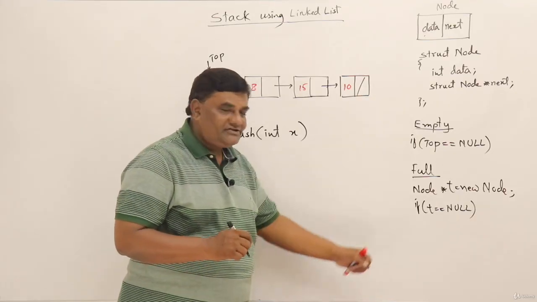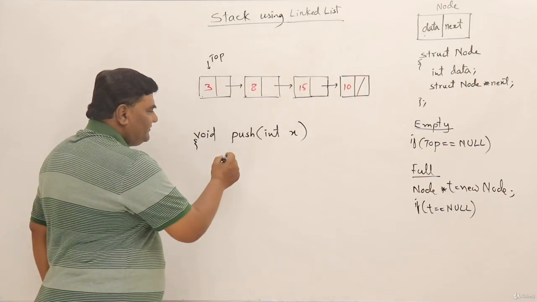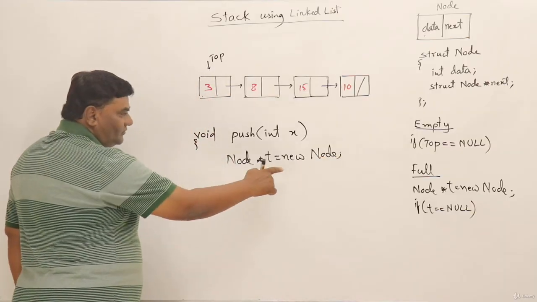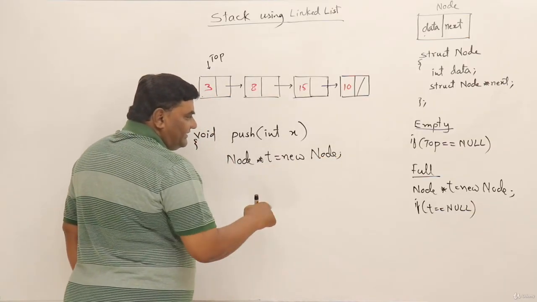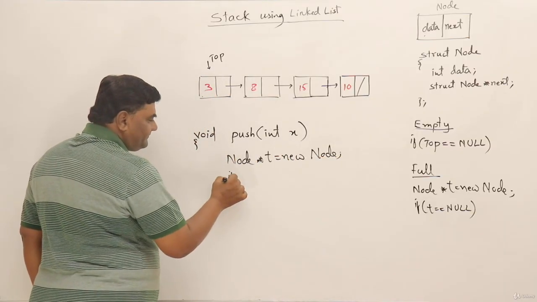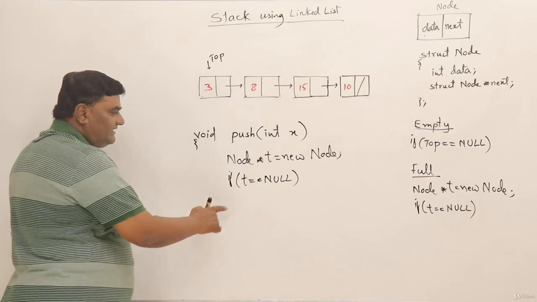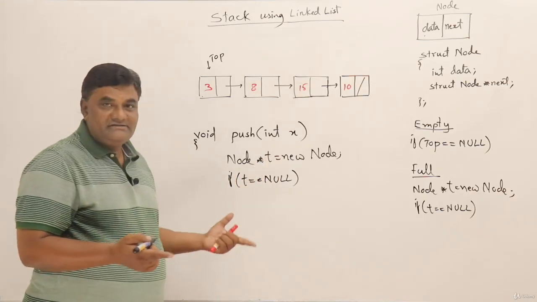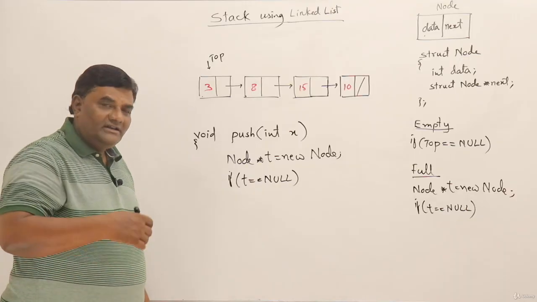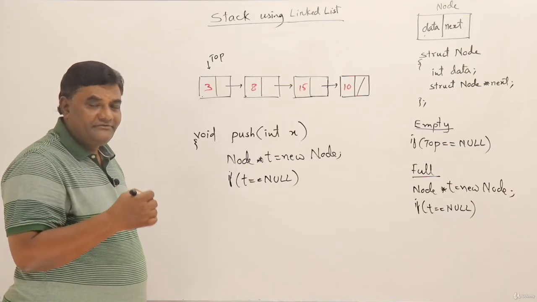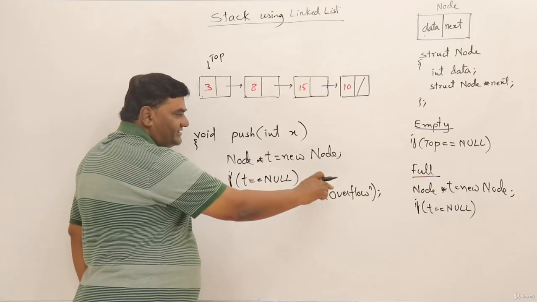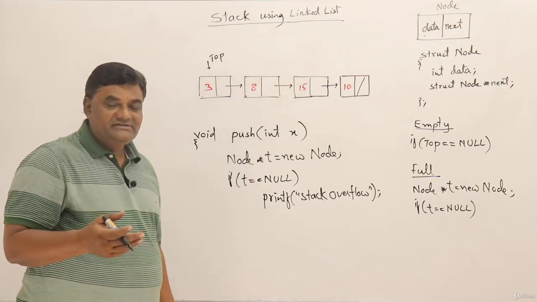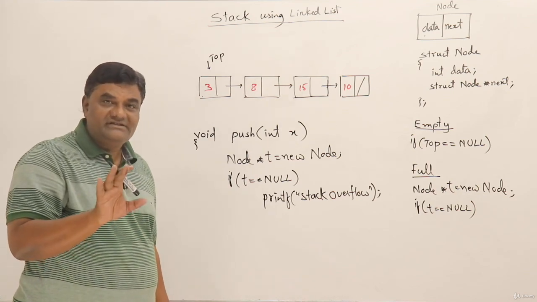Check for the full condition. For that, create a new node. If the node is not created, then it is full. If the node is not created, that means T is equal to null. Then print stack is full. Printf stack overflow.